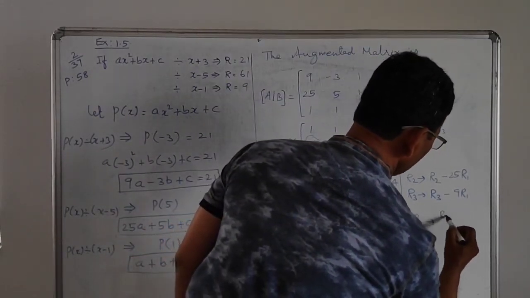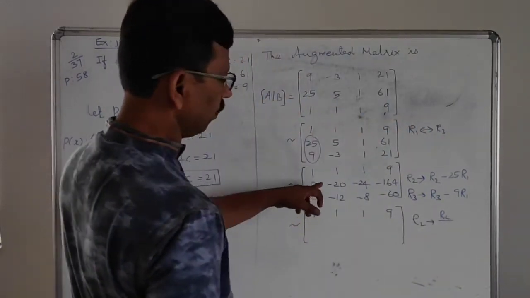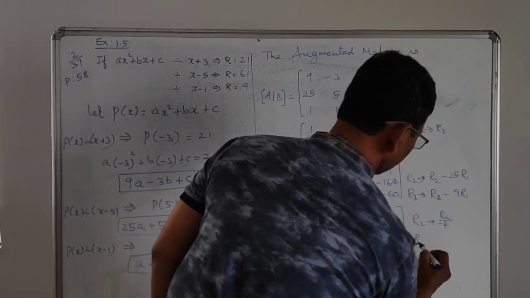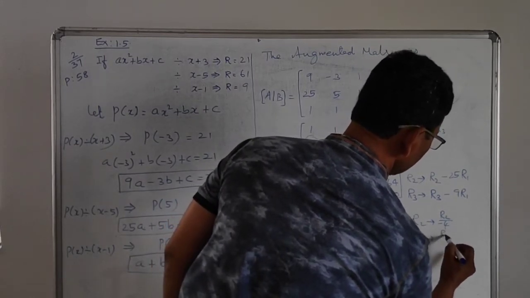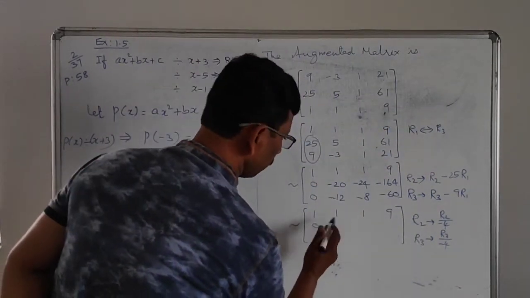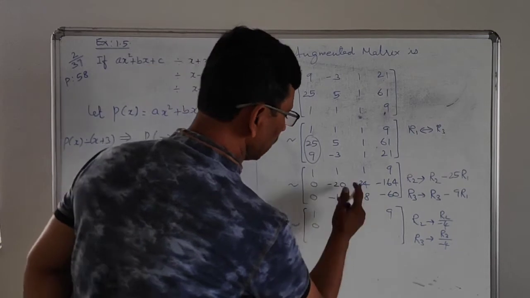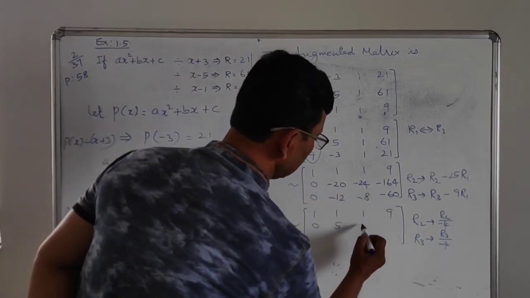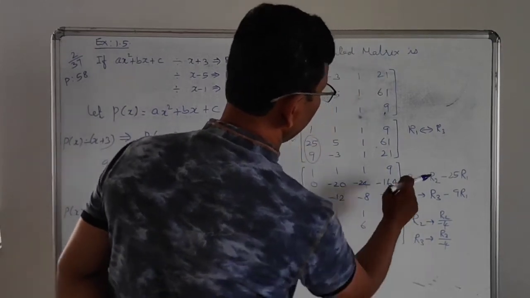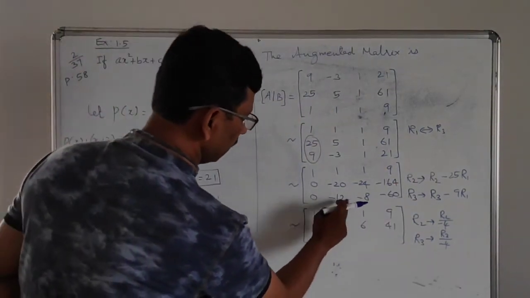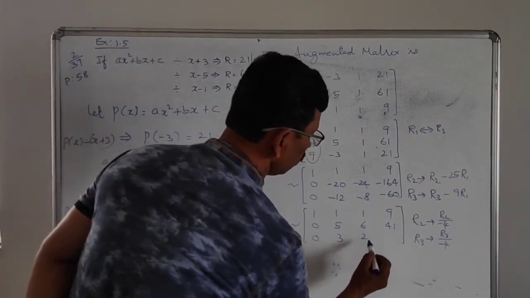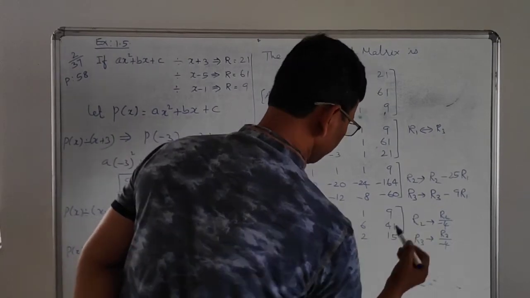R2 gives R2 by minus 4. Similarly, R3 gives R3 by minus 4. Then you get 0. This is minus 20 by minus 4, which means 5. Then this is 6, this is 41. Now next, if you divide this by 3, you get 0, this is 3, this is 2, and this is 15.